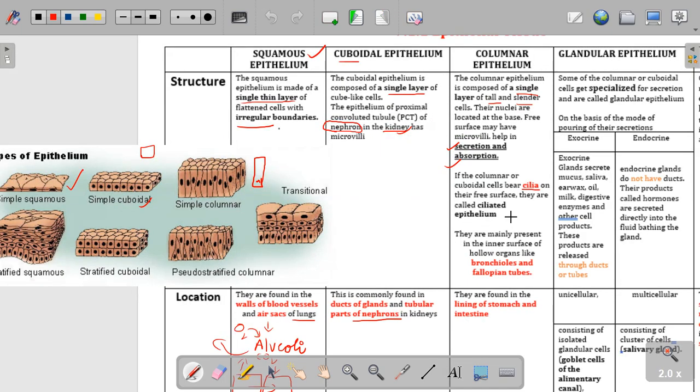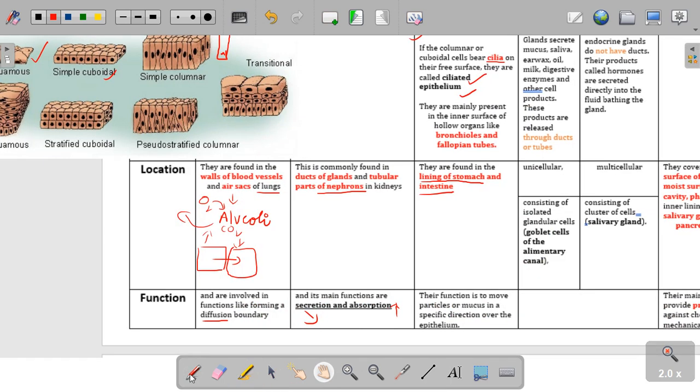And where are they located? In the lining of the stomach and also the intestine. And what is the function of it? You can see they move the particles or the mucus in a specific direction over the epithelium. So these are the columnar epithelium having cilia.